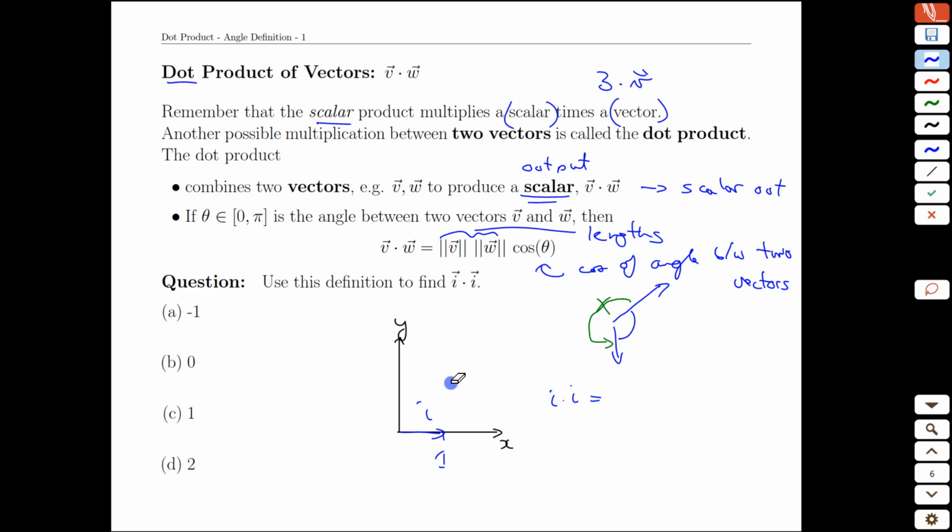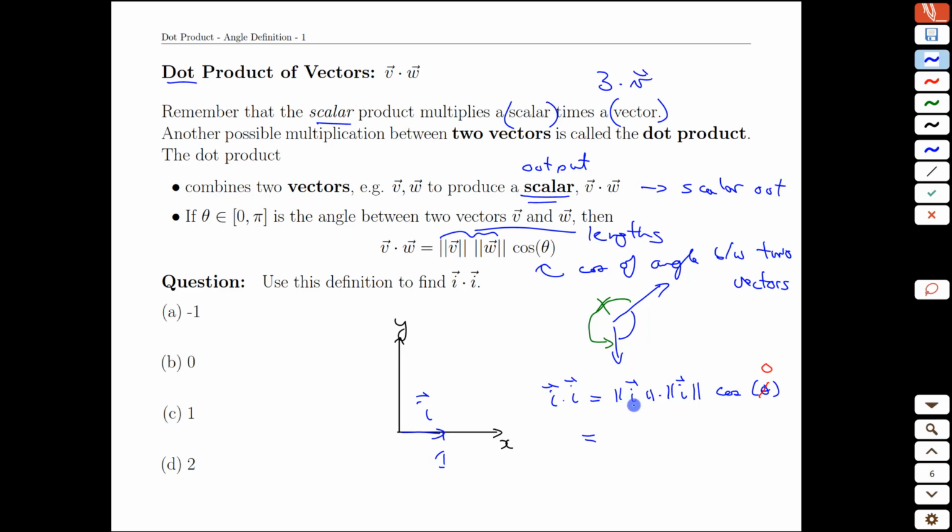All right. Clean that up a bit. So i dotted with i, with vector notation there, would be the length of the i vector times the length of the i vector again, nothing too sophisticated there, times the cos of the angle between them. The nice thing about these 2 vectors is that they're identical, and so there is actually a 0 angle between them.